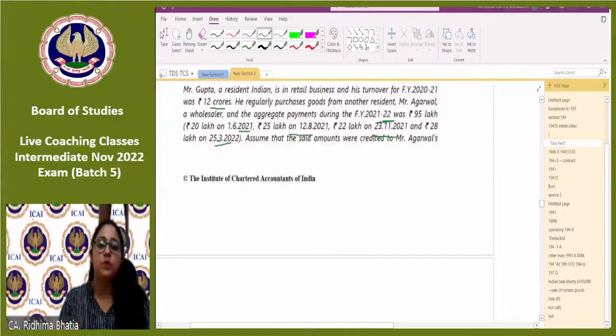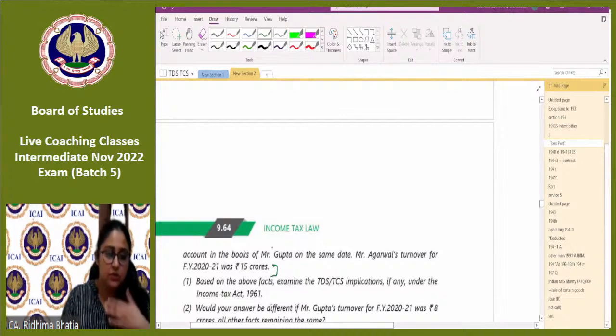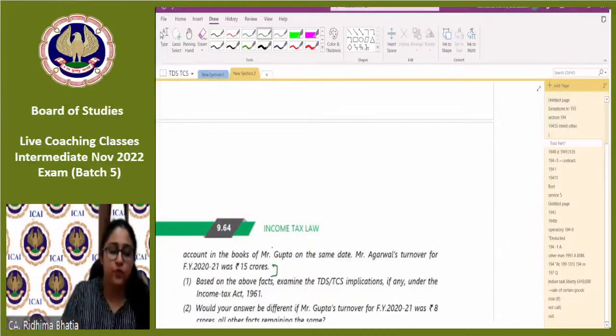Assume the said amount were credited to Mr. Agarwal account in the books of Mr. Gupta on the same date. Mr. Agarwal's turnover is 15 crores. Examine the TDS TCS implication, if any, under section 190. Oh, sorry, they have not written the section. So you have to calculate the TDS TCS implication.